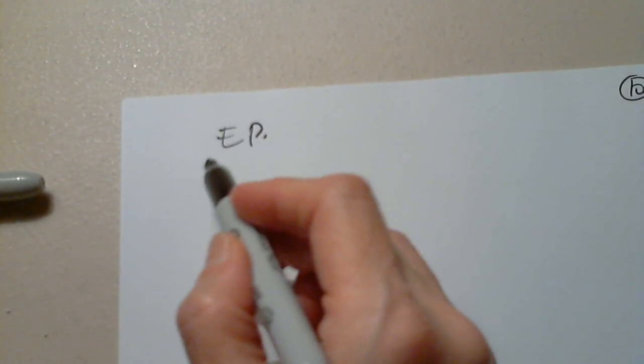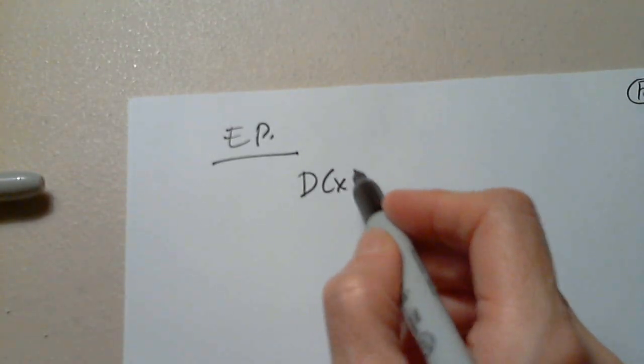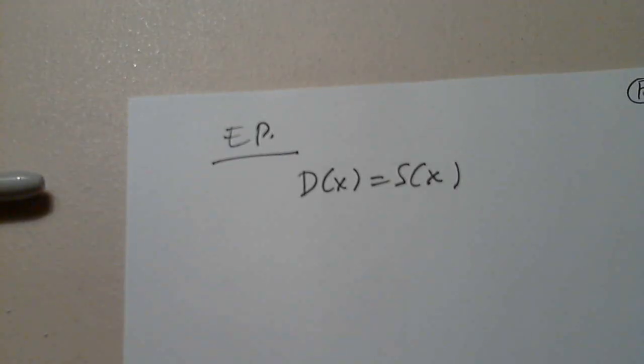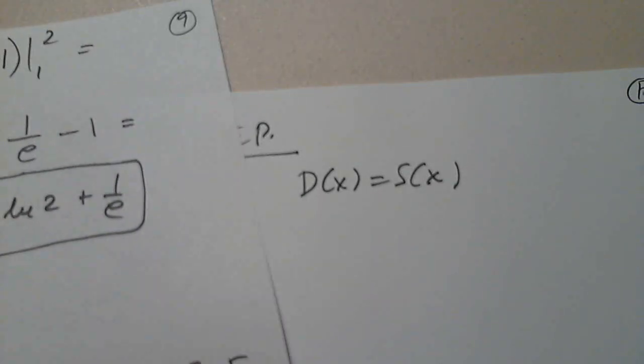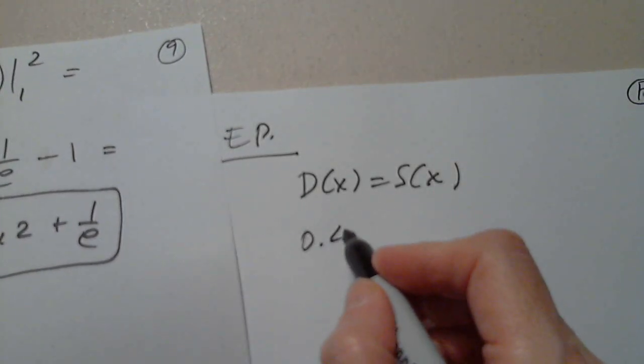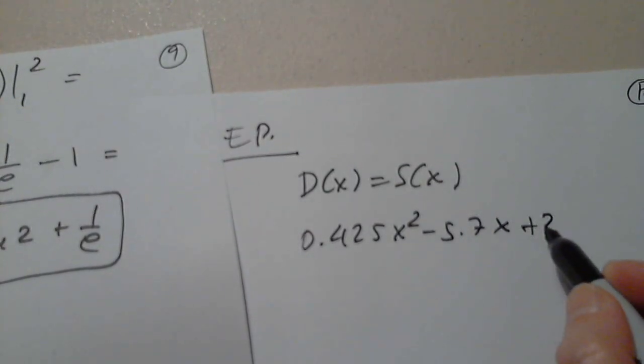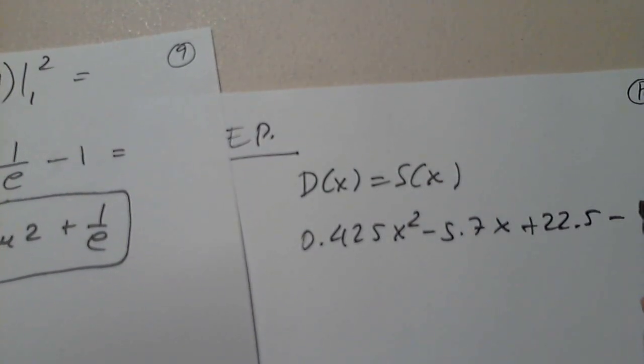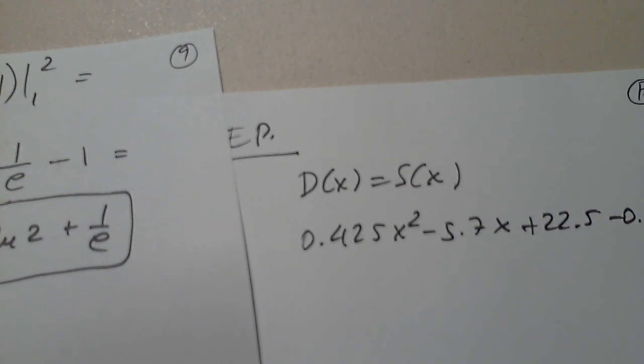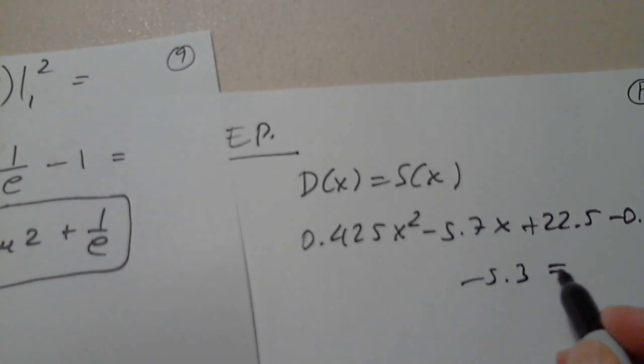Now, the problem is also asking us to find the equilibrium point. Well, the equilibrium point requires us to solve this equation. And that equation is 0.425x squared minus 5.7x plus 22.5 minus 0.3x minus 5.3 equals 0.